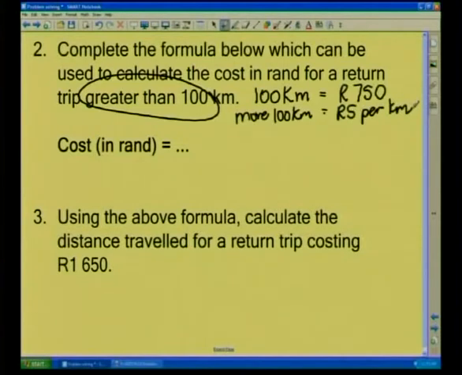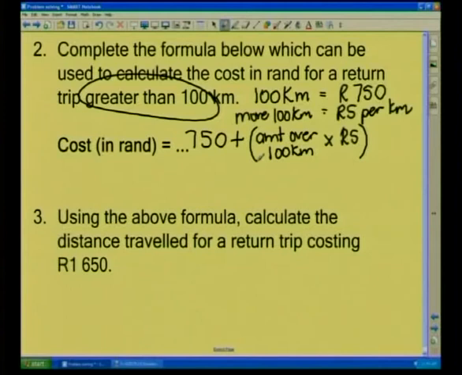So our cost is then going to be our 750 plus the amount over 100 times by 5 Rand. And I would put that in brackets. It doesn't necessarily have to be in brackets, but it would probably be easier.